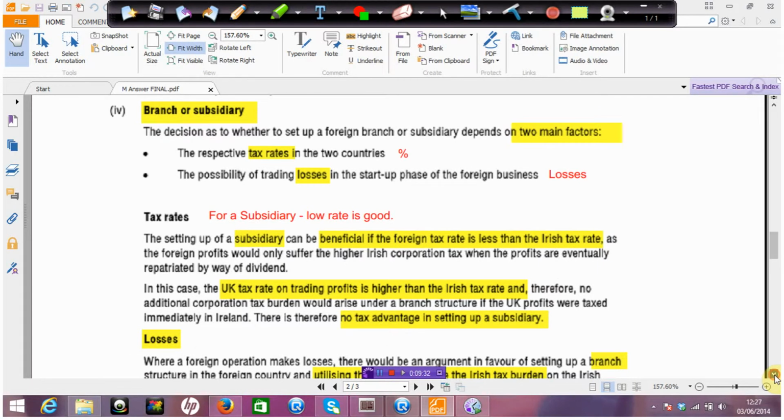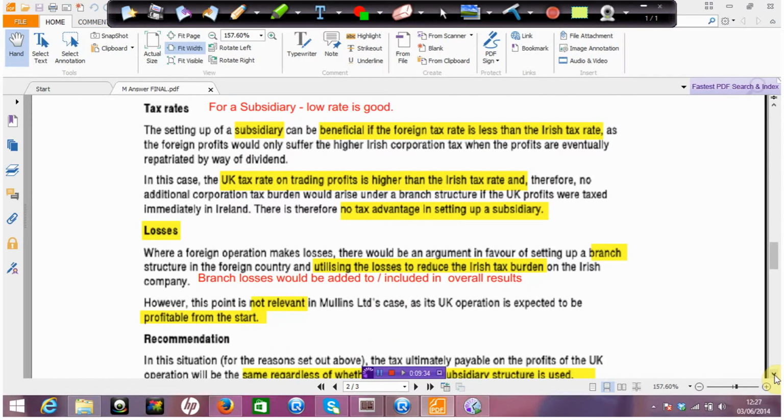and indeed there are profits anyway. Okay. In terms of losses, in a scenario where losses are expected, not in this case obviously, a branch is, if you imagine an arm extended out, really that's all it is. You've got an Irish entity with an arm extended out to the foreign country, and as a result of the tax legislation, if that branch makes losses, those losses can be utilized to reduce any Irish corporation tax.